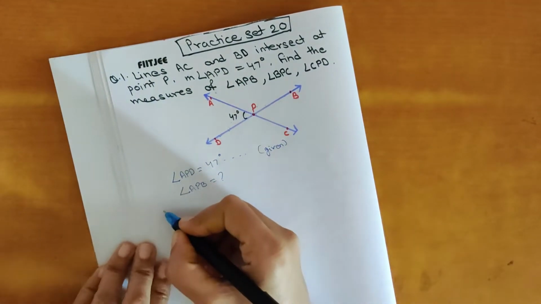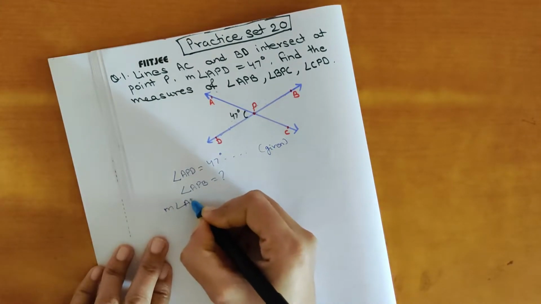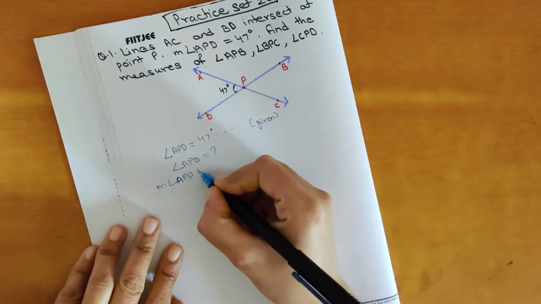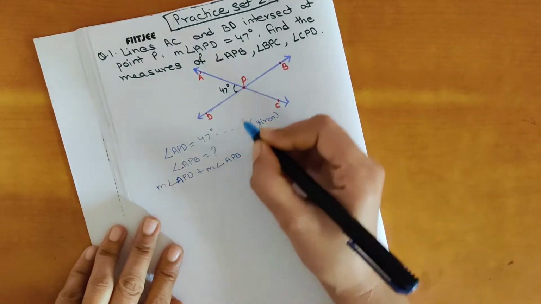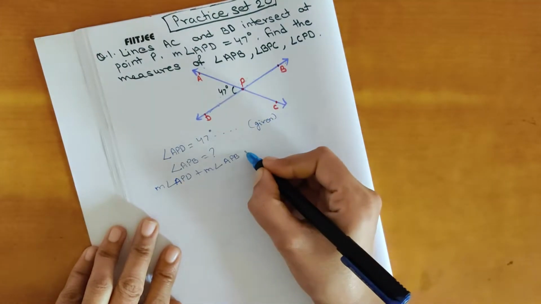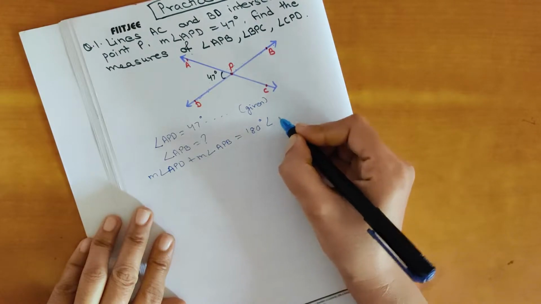So we can write measure of angle APD plus measure of angle APB is equal to 180 degrees. Why?